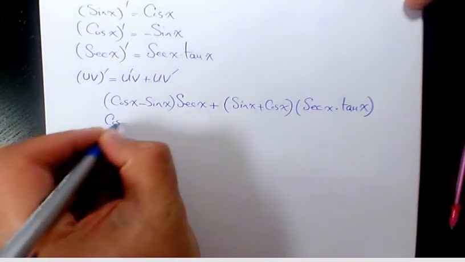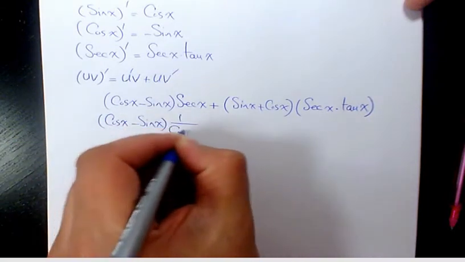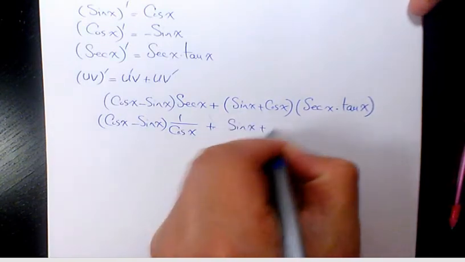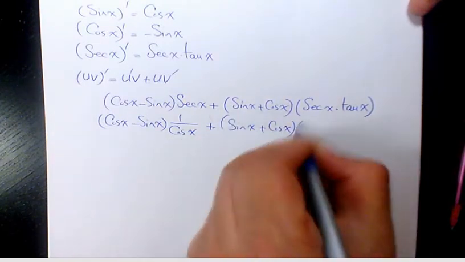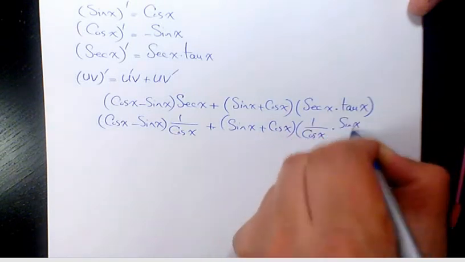We have cosine x minus sine x times 1 over cosine x, plus sine x plus cosine x times 1 over cosine x times sine x over cosine x.